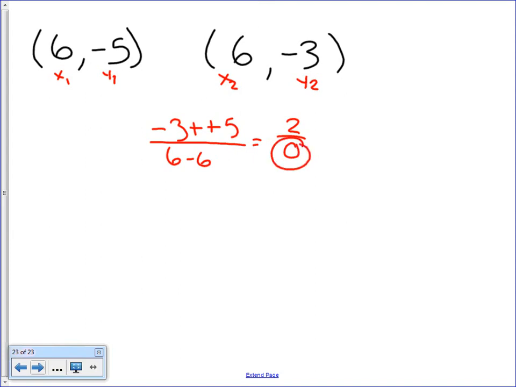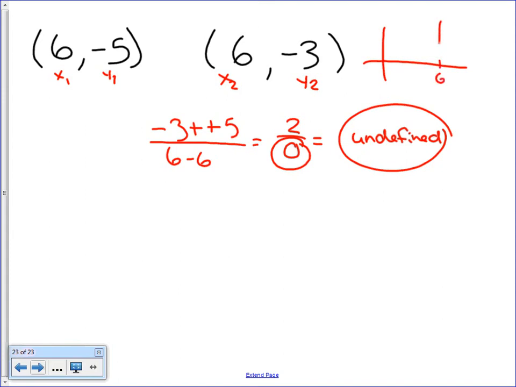So we got a little trouble here. Dividing by 0, can't divide by 0, so this one is actually undefined. So you notice how they have the same x values, so they'll lie on the x equals 6 line, a line that is straight up and down. So that has an undefined slope that we talked about.